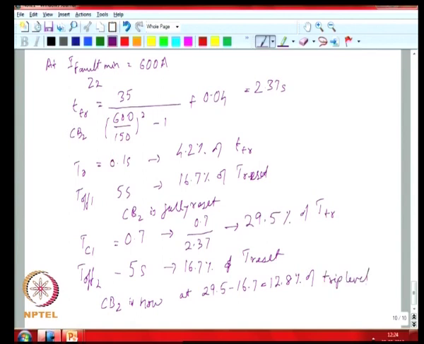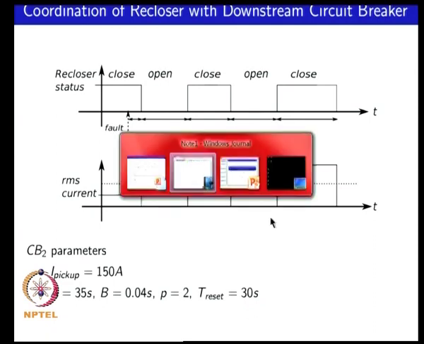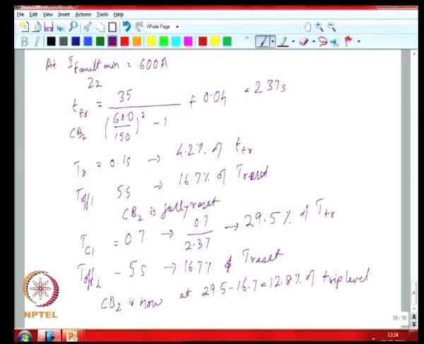If you look at the point over here at the reduced fault current level, it is about 12.8% into tripping. So, that is the situation of the circuit breaker at that particular point of time.